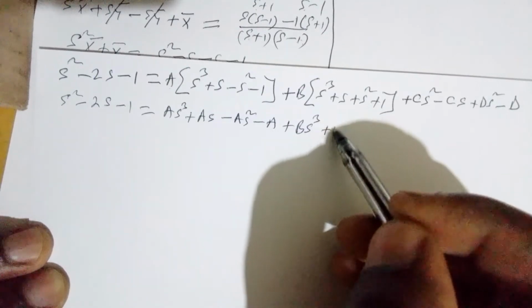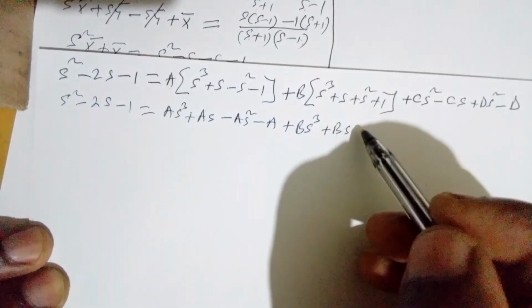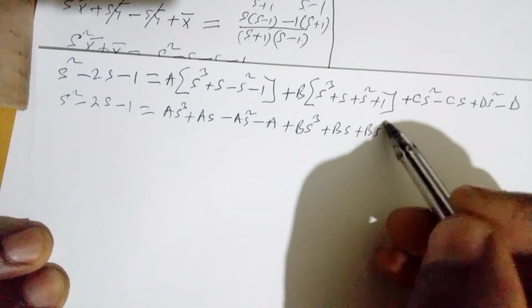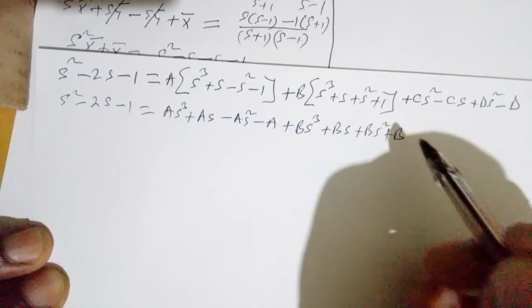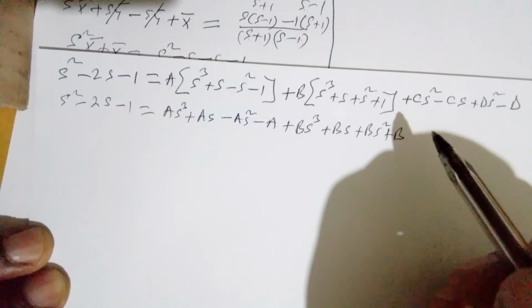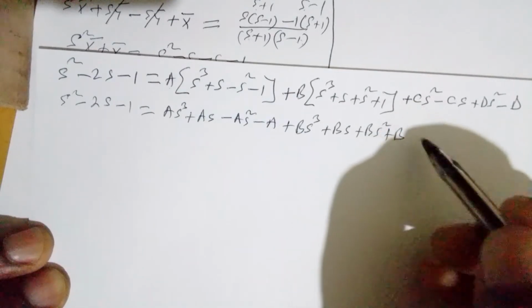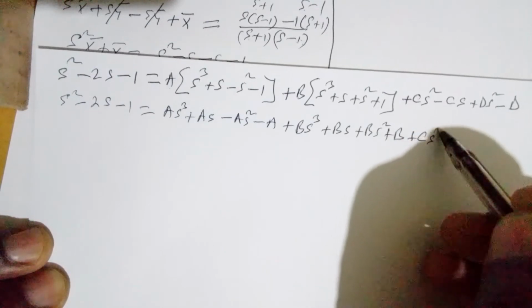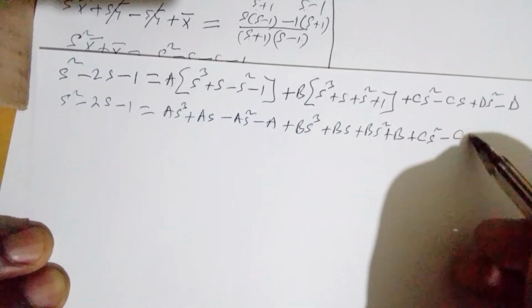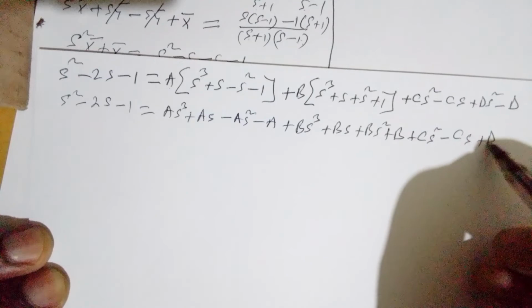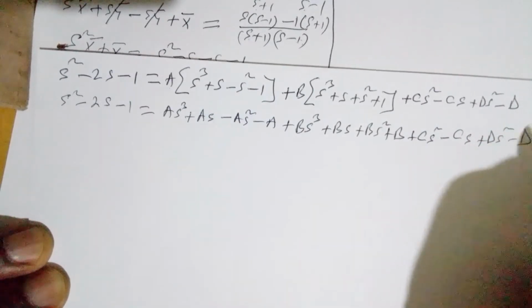Then plus Bs squared plus B. Then plus Cs squared minus Cs plus Ds squared minus D.